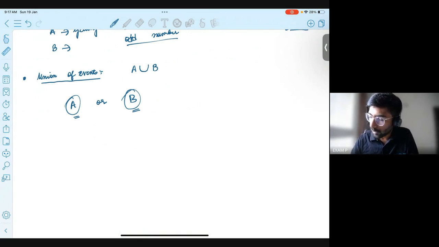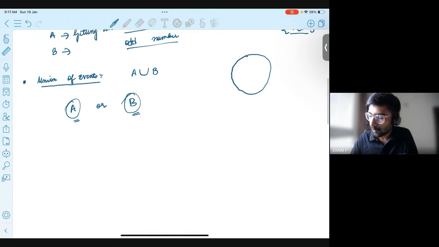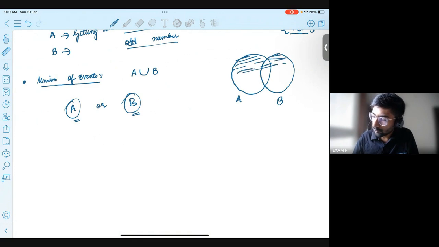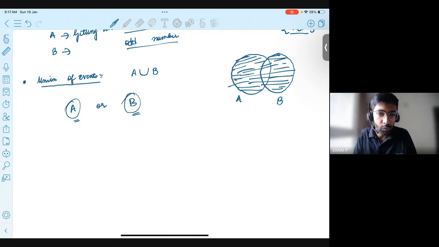If you think about it in a set format, then let's say this is a set of event A, and then there is this set of event B. Then A union B is the entire area that you see here, the full area that is within this set A and B. Is that okay?